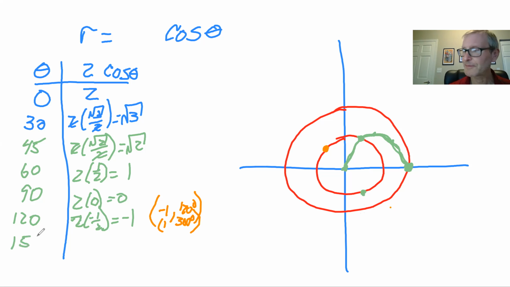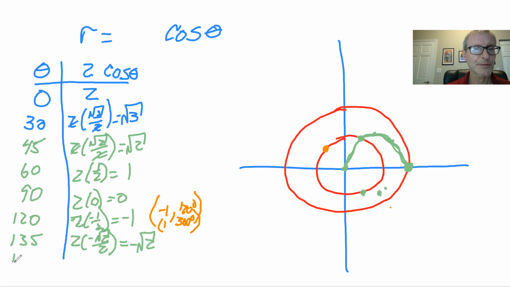If you do 135, you would see again we get negative, and then in this case it would be square root of 2 over 2. So it'd be 2 times minus square root of 2 over 2. And again, you get the up here, but instead of that, you would get minus square root of 2. And again, it would flip and it would look like this.